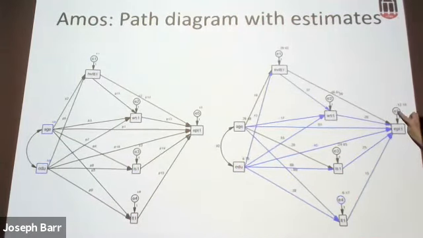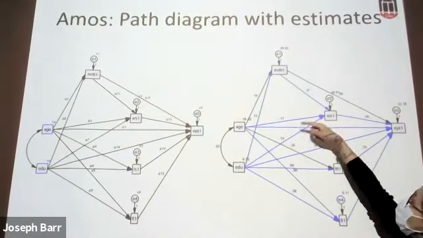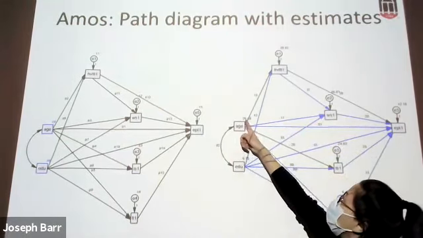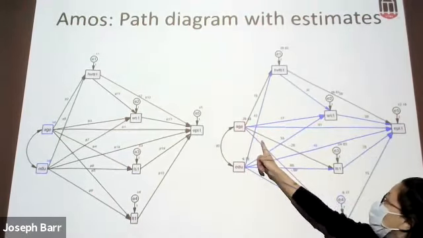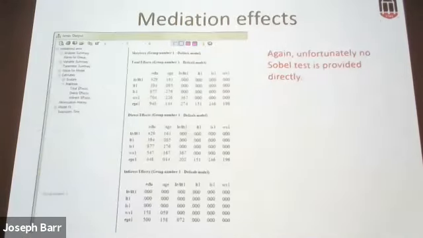This is a variance of the residual of EPT1, E5. This is also variance of E4, variance and covariance here. Variance of H, variance of ED, those are our coefficients. Yeah, that's Amos estimates.